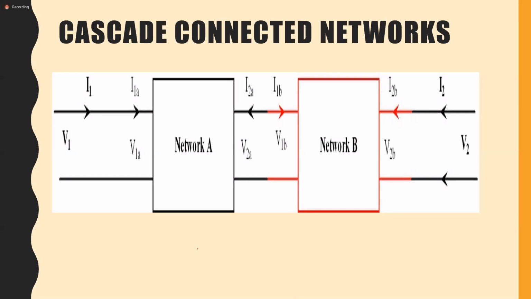On the input side, I1 is equal to I1A and V1 is equal to V1A. On the output side, I2 is equal to I2B, and V2 is equal to V2B.